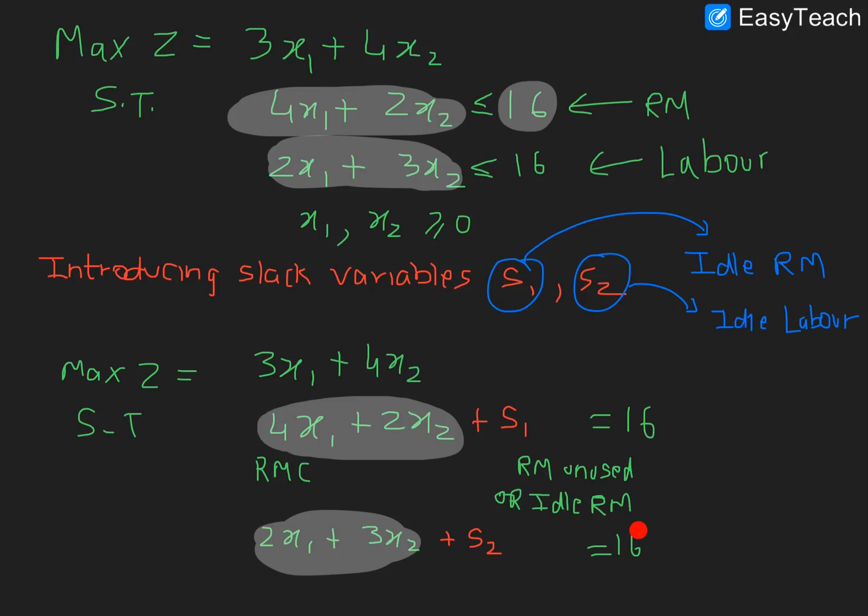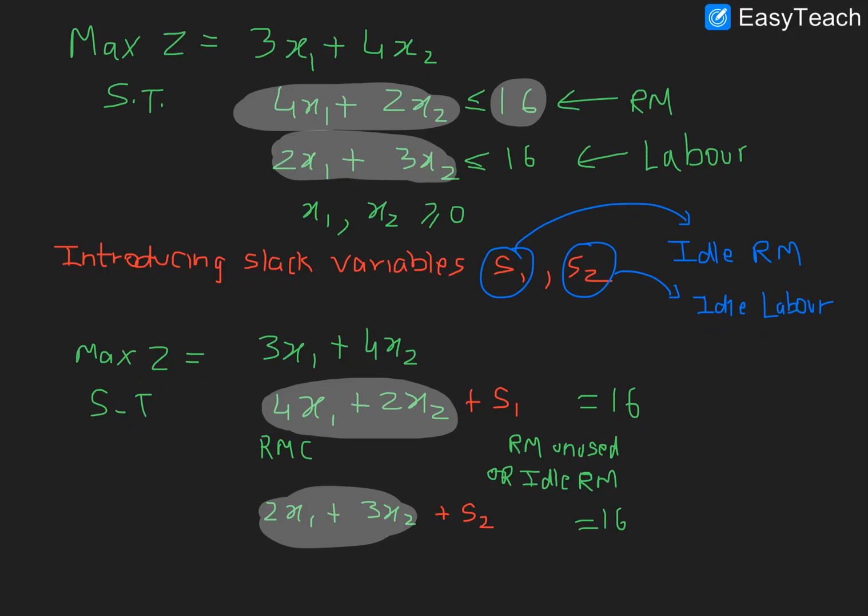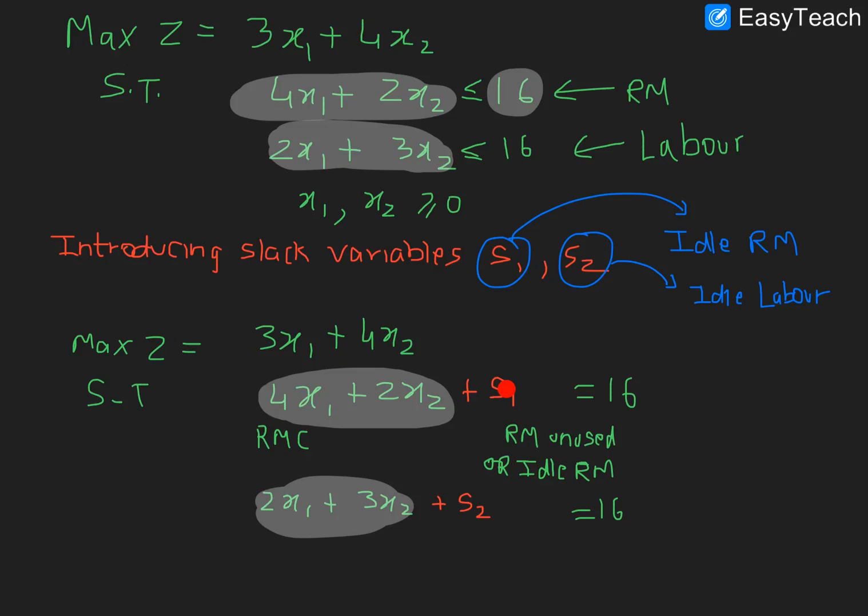Now still our table is not yet complete. The equations are not yet complete to be fitted into the simplex table. These S1 and S2 need to be assigned some coefficients, because those are going to be a part of my objective function. Now how much profit am I going to get by keeping my raw material idle? Of course nothing. If my raw material remains idle, I don't make any profit, nor do I lose anything.